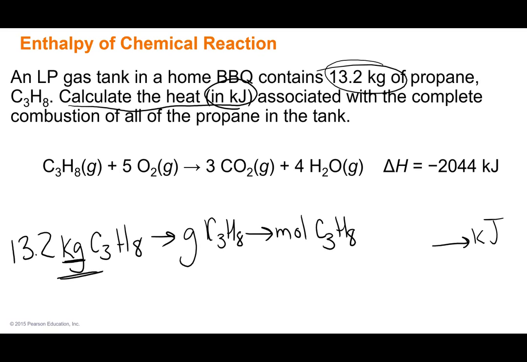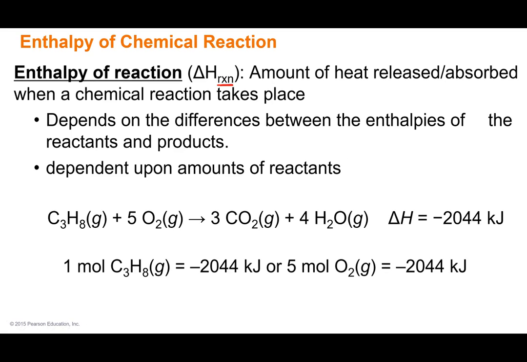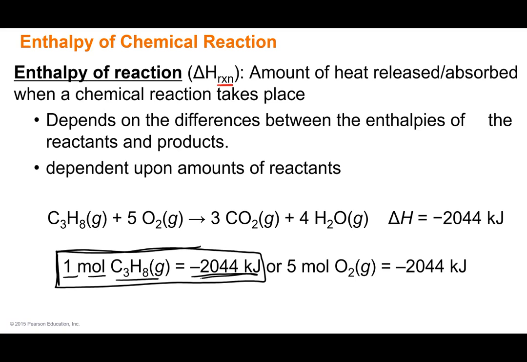How in the world are we going to get from moles of propane to a number that ends in kilojoules? Well, we're going to use this new skill we learned. We're going to use this new equality right here. For every 1 mole of propane that gets broken down, we get this much energy released.